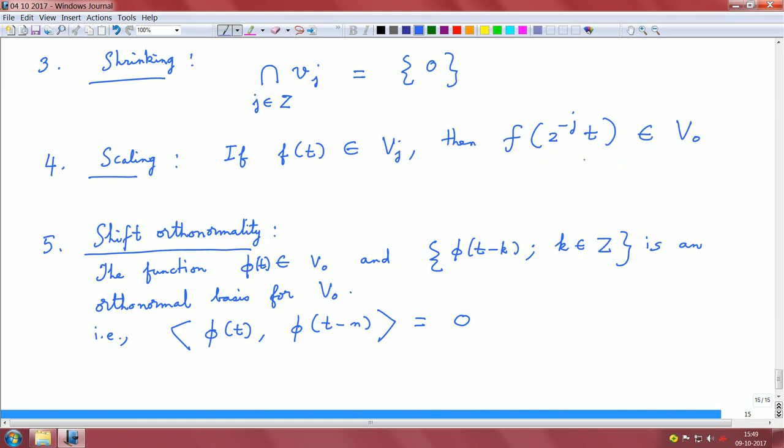So f of 2 power minus j t belongs to V0, and shift orthonormality: the function phi of t and all its integral translates form an orthonormal basis for this space. Now it will become very clear if we see through some examples.